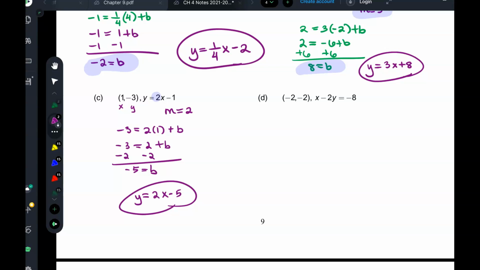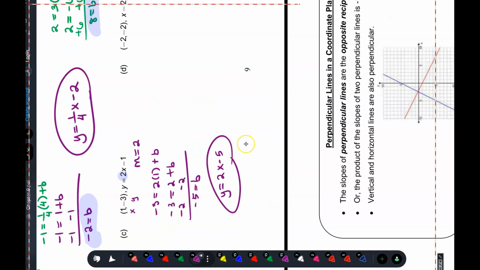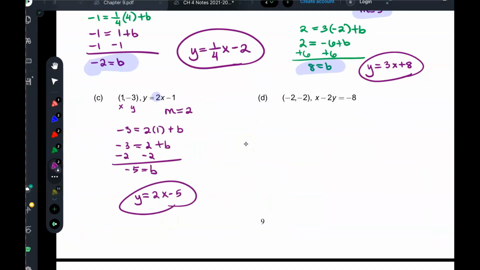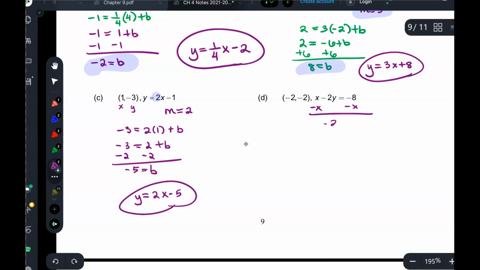All right, the next one. I see some of you had already started on it. That's fine. First thing I have to do is isolate y in my equation. So I'm going to subtract x, and then I want to get rid of that -2, so I'm going to divide everything by -2.